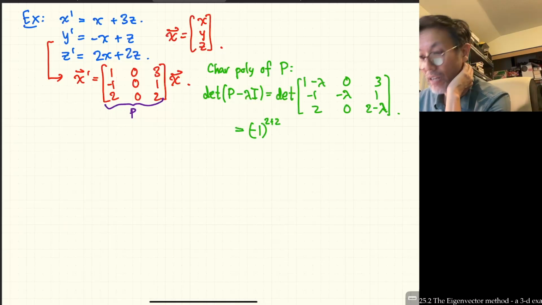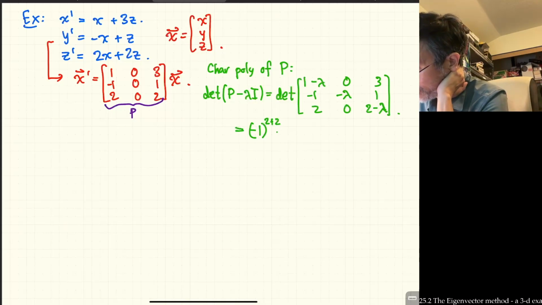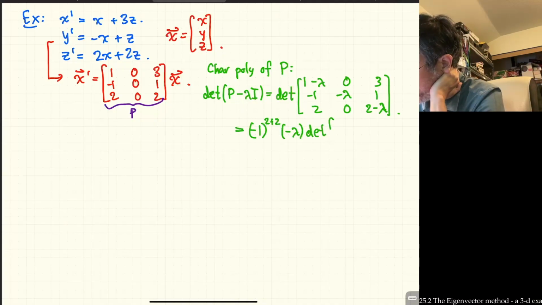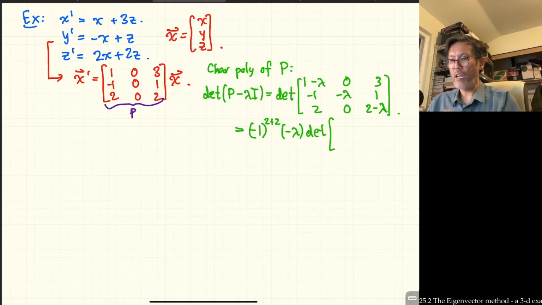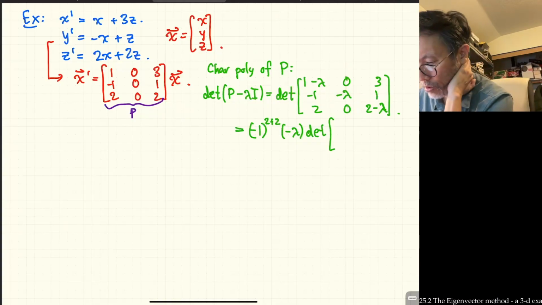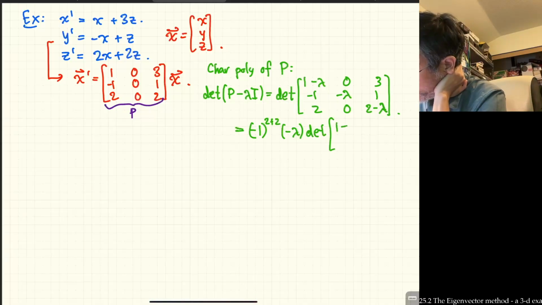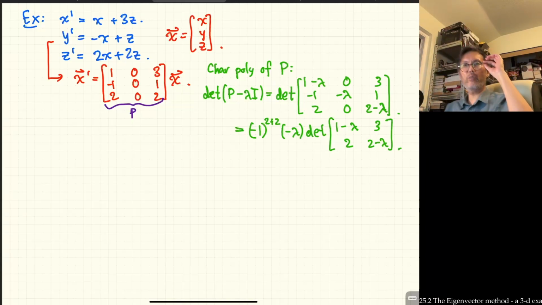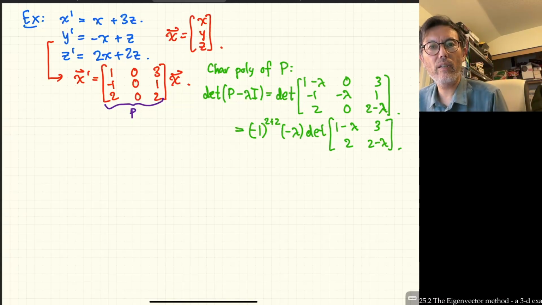Then we put the entry itself, which is negative lambda. And then we multiply this by the determinant of the 2 by 2 that we obtain by deleting the second row and second column. That's a 2 by 2: 1 minus lambda, 3, 2, 2 minus lambda. It's very easy to get mixed up in this, so it's really important to be organized.